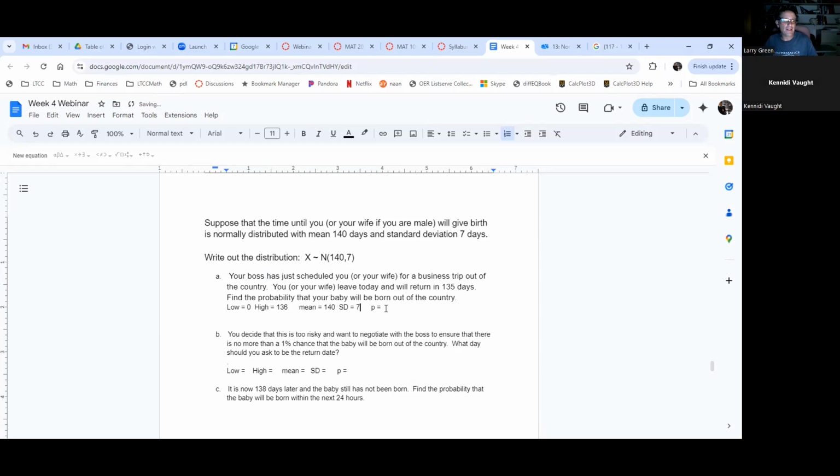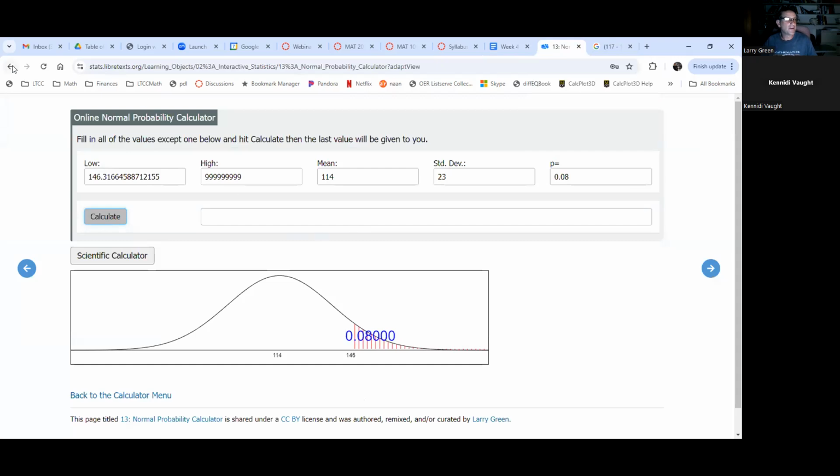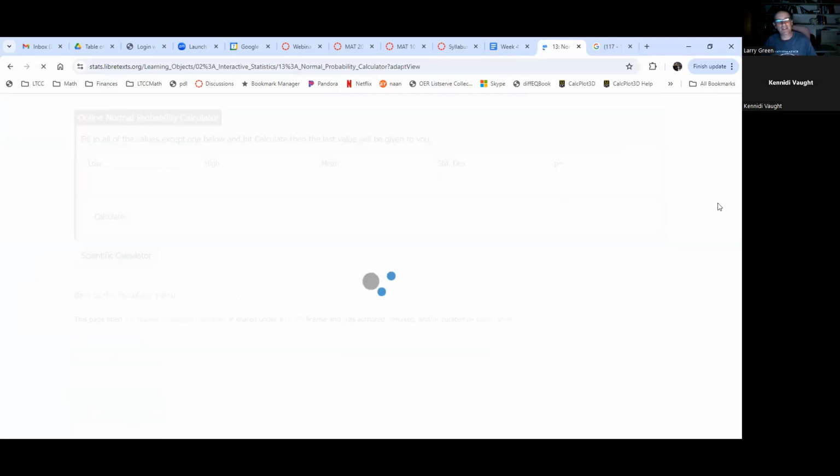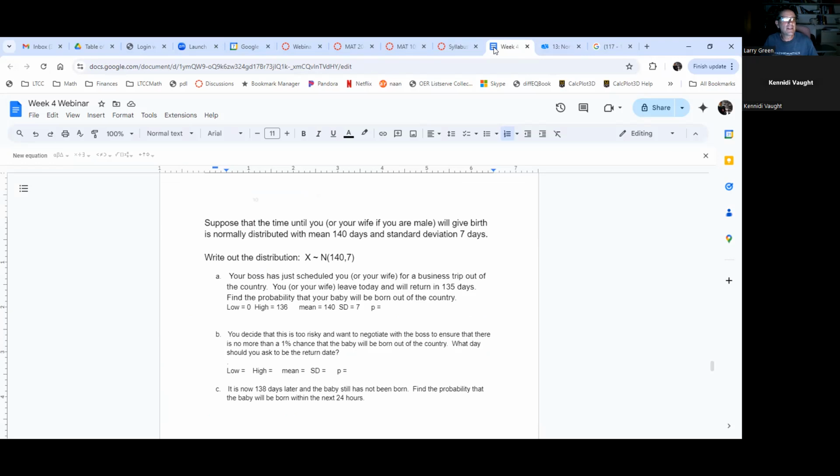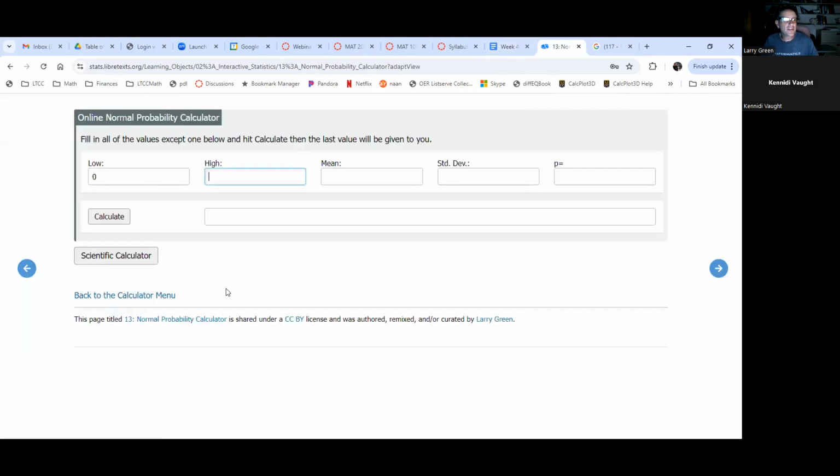We want the probability. So we go to the calculator. I'm going to hit refresh, just to make them all empty. So we have 0, 136, we had 140, and the standard deviation was 7.